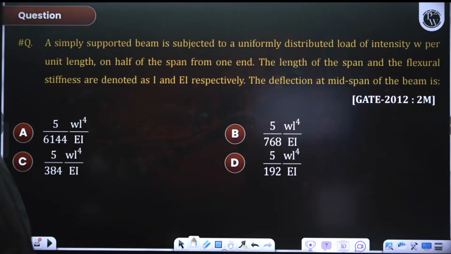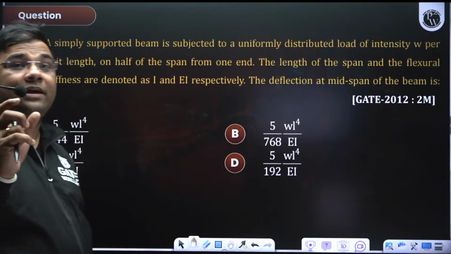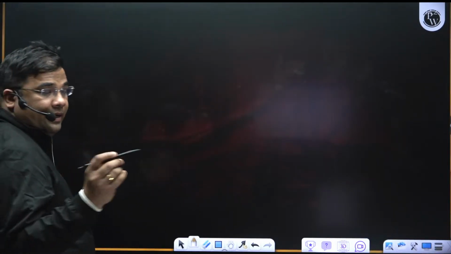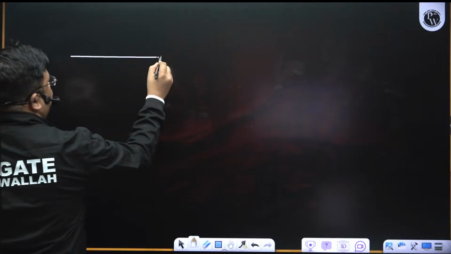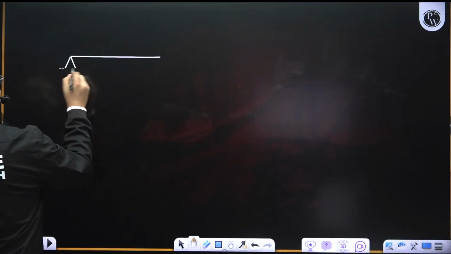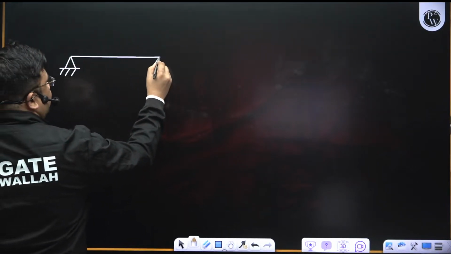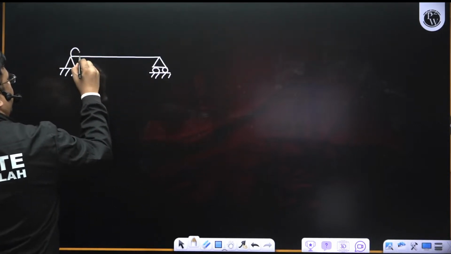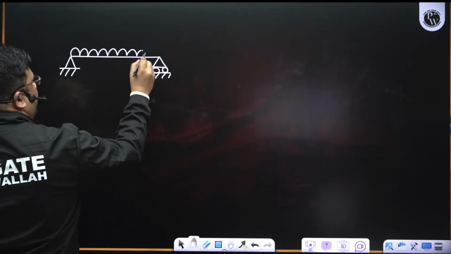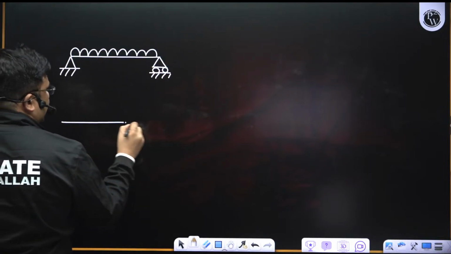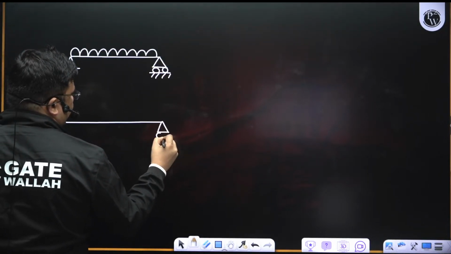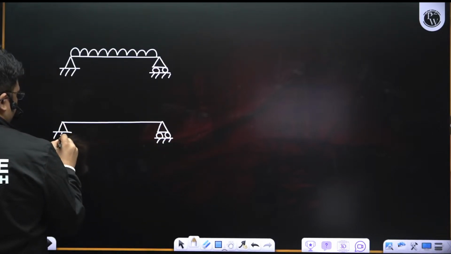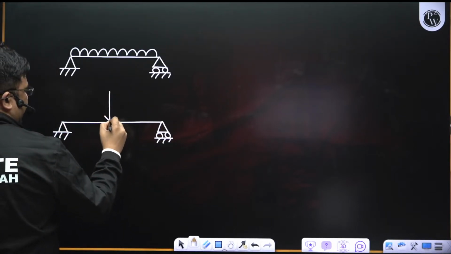See, yesterday I told you the standard cases are very important. There are many standard cases, like a simply supported beam with a UDL acting throughout, and a simply supported beam with a point load acting.